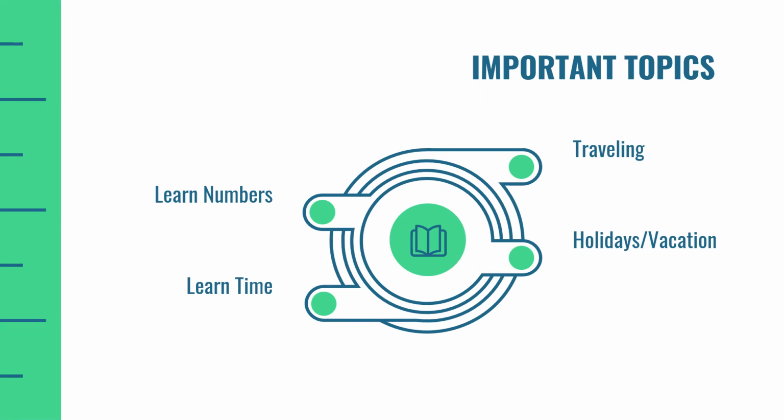We must know how to deal with numbers, how to read different numbers. And when it comes to numbers, then time is also very important. So these are the two topics which are very much dependent on each other. So you must be familiar with the numbers in German language, you must be familiar with the time, and you must also be familiar with the traveling in Germany.